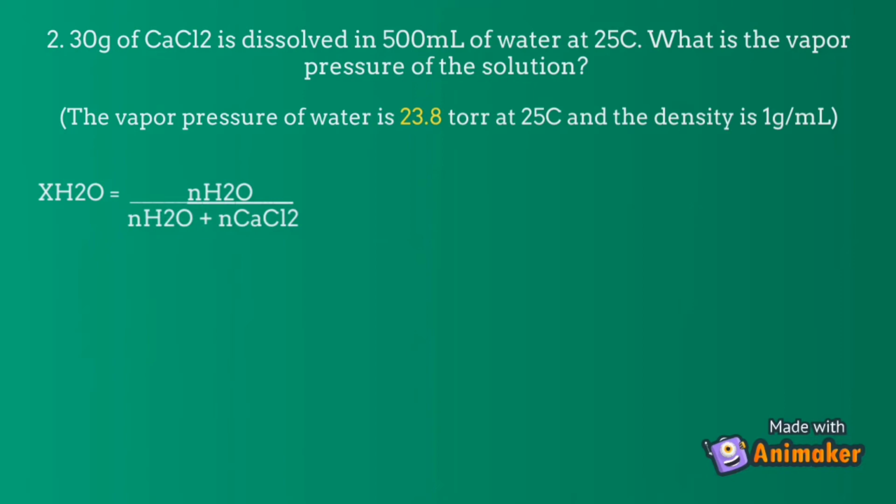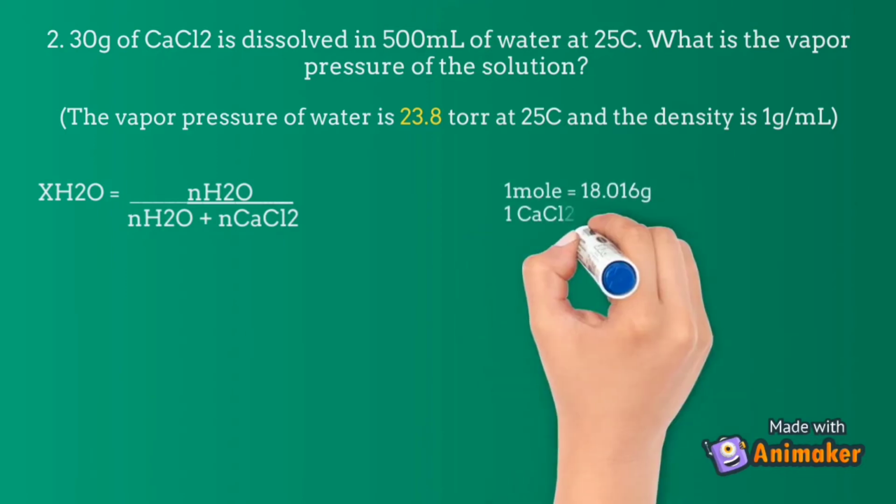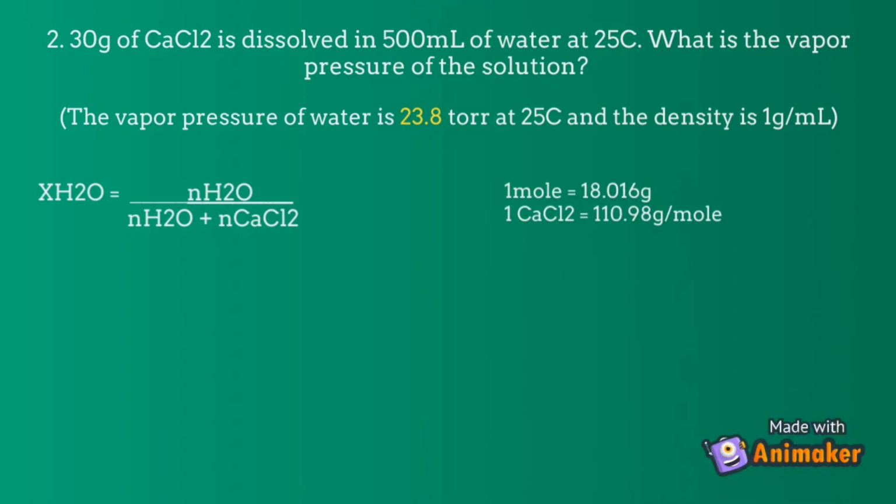And we only need to solve now the X solvent. We have here the formula: X H2O, our solvent is the water, is equal to mole of water over mole of water plus mole of calcium chloride. So we have here 1 mole is equal to 18.016 grams, and 1 mole of calcium chloride is equal to 110.98 grams.